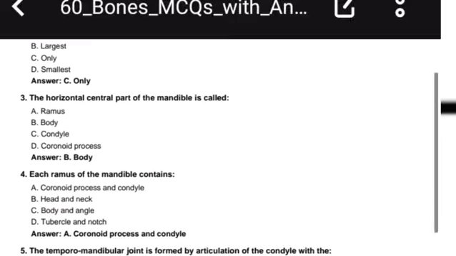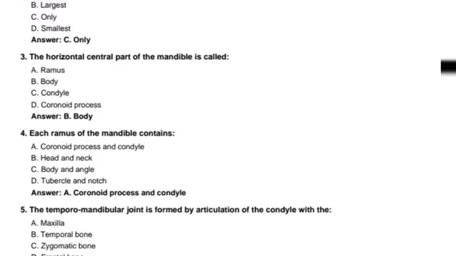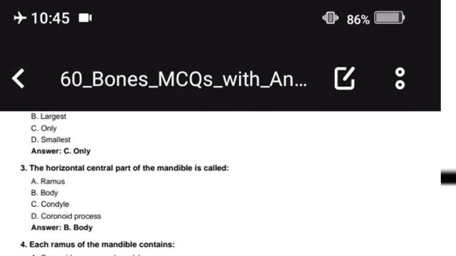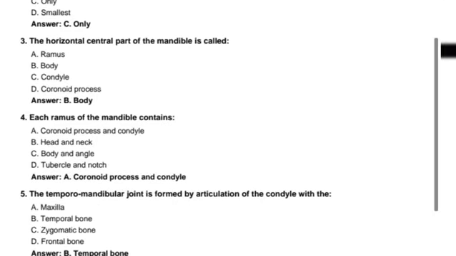Question number 3. The horizontal central part of the mandible is called option A ramus, option B body, option C condyle, option D coronary process. Right answer is option B body. Question number 4. Each ramus of the mandible contains option A coronary process and condyle, option B head and neck, option C body and angle, option D tubercle and notch.